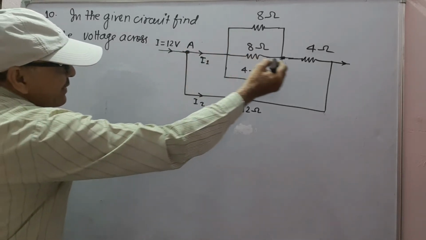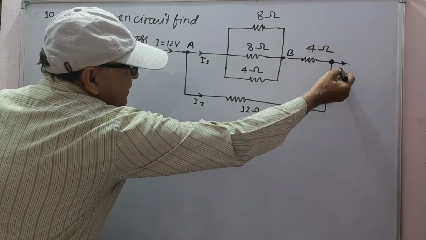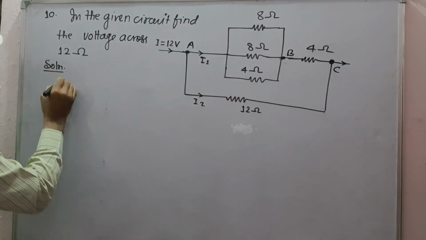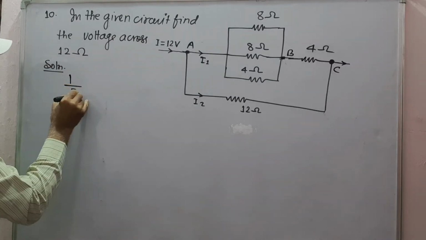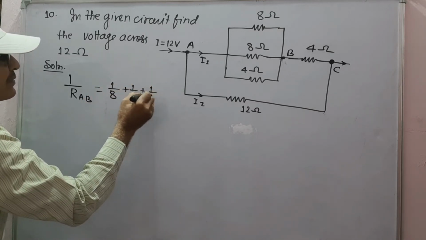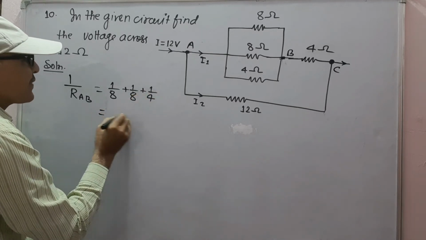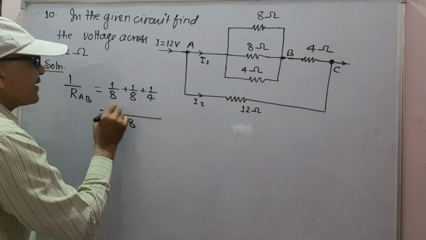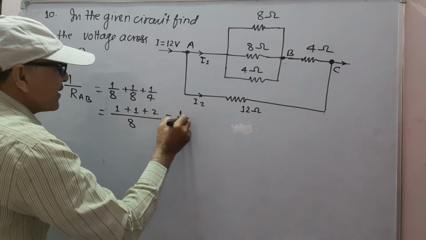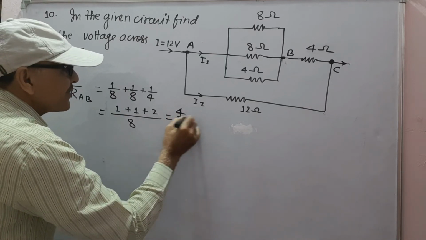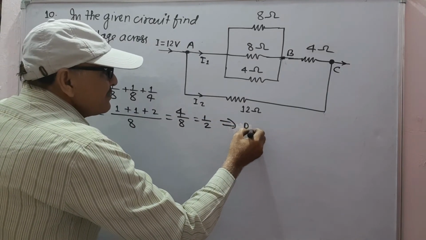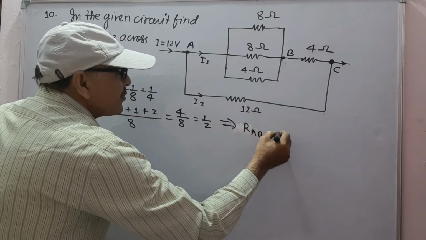Suppose this is point A, this is point B, and this is point C. Then resultant of these three resistances in parallel will be 1 upon R between A and B, 1 upon 8 plus 1 upon 8 plus 1 upon 4, means LCM is 8, 1 plus 1 plus 2 means 4 by 8 which is 1 by 2. This gives R_AB is equal to 2 ohm.